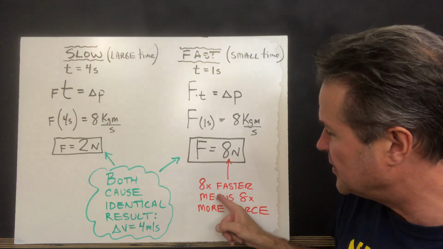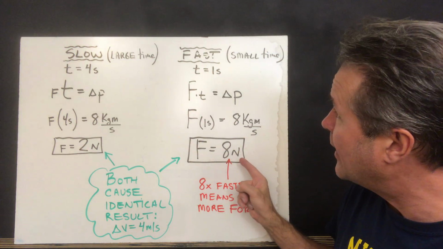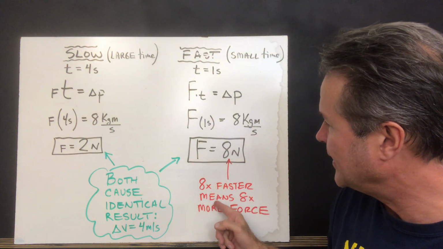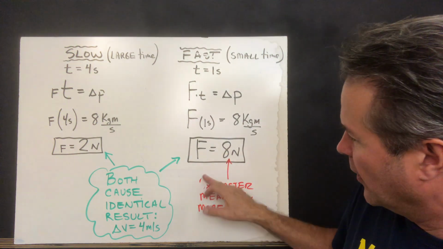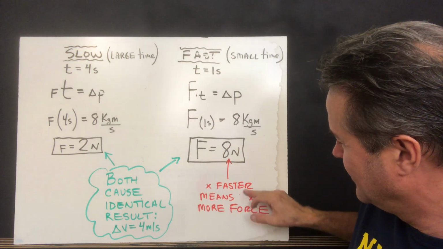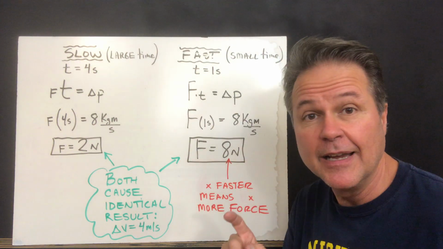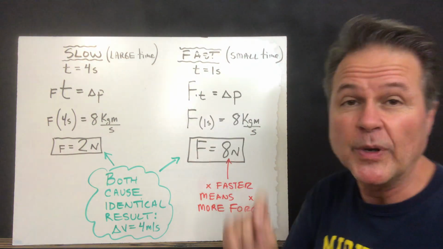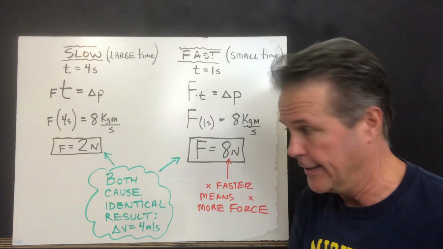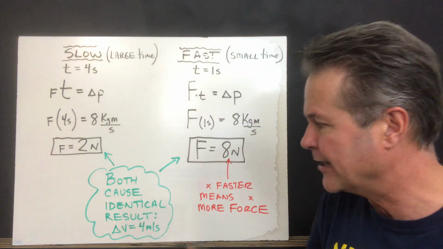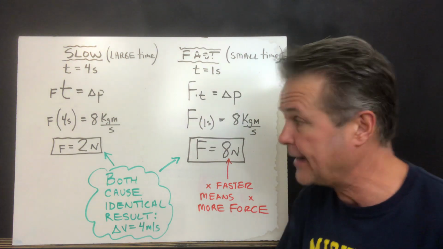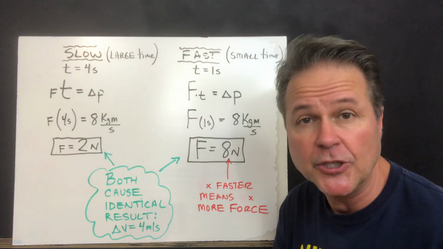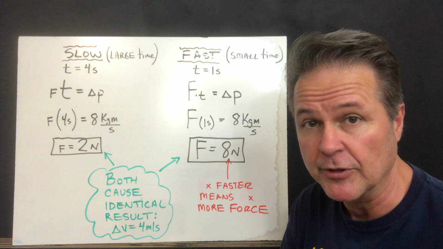So basically what we see is that if you have the time which is smaller, we're going to end up having 4 times the force necessary to do it in 1/4 of the time. So both cause an identical result of 4 meters per second, or both result in a change in momentum of 8 kilogram meters per second.